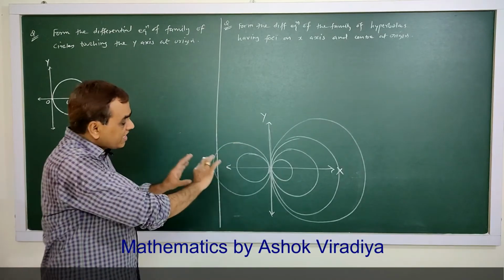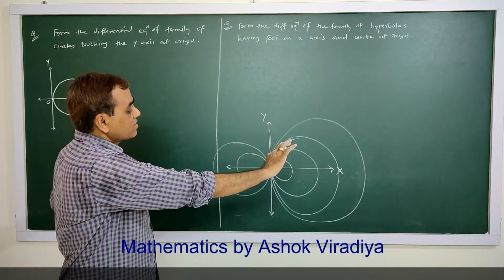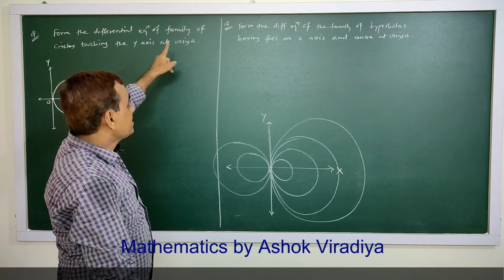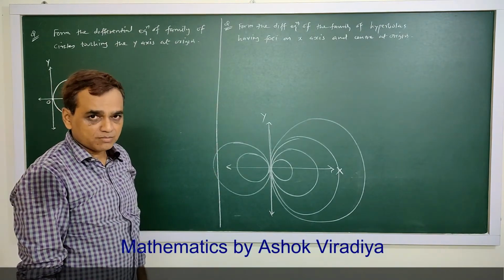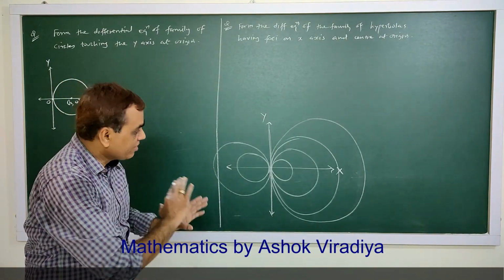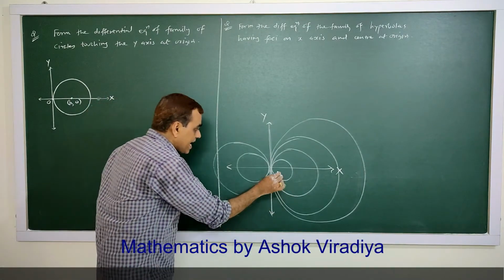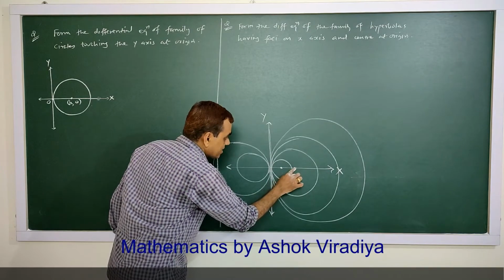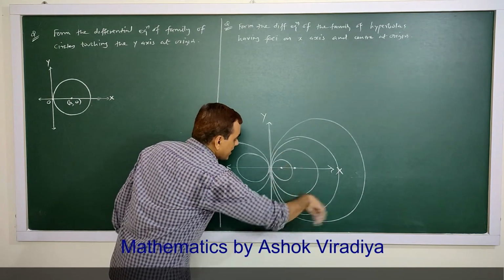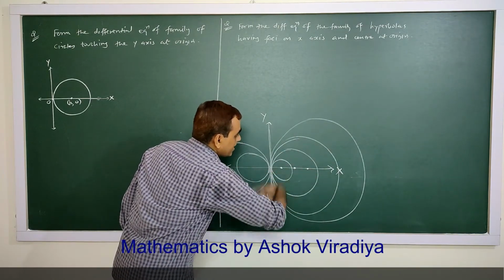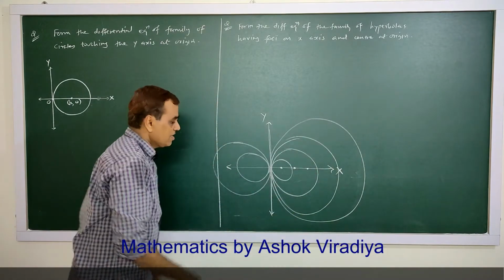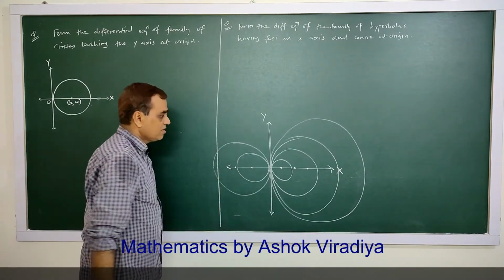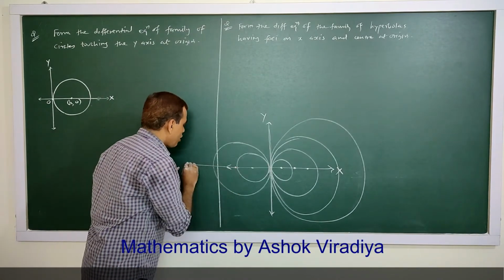So we are getting a family of circles. All circles are touching y-axis at origin. But there is one common property in all these circles, that every circle has its center on x-axis. Center of this circle, center of next circle, so all centers lie on x-axis.